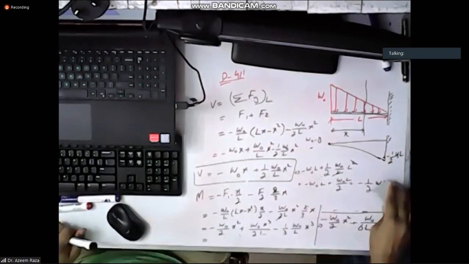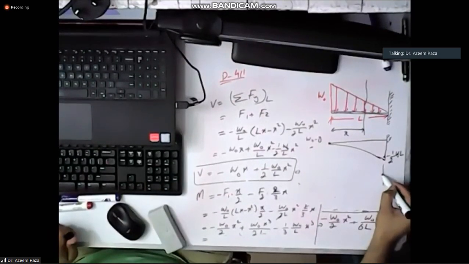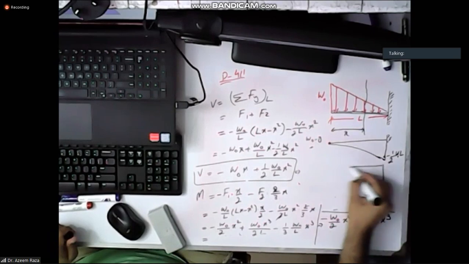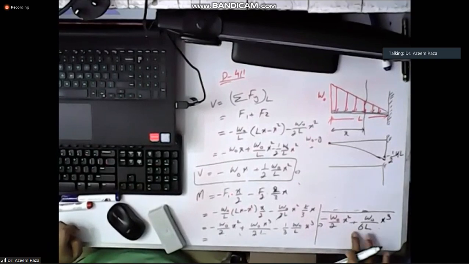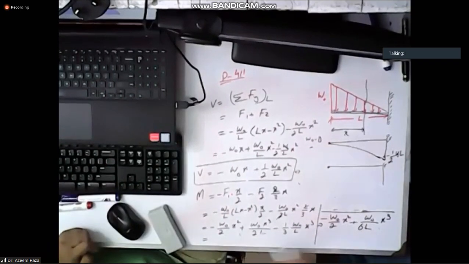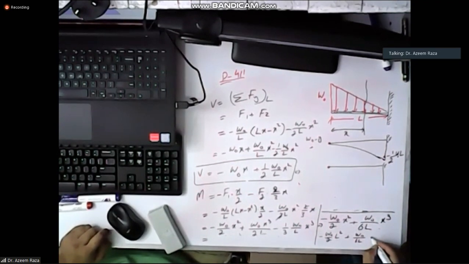Yes, similarly here for the bending moment diagram, putting x equal to 0 here, both have x, so there will be 0, so I know I'm starting at 0. When I put x equal to L, this will become minus W naught over 2 L square plus W naught over 6L L cube. This will be cancelled with 2. So I have minus W naught L square over 2 plus W naught over 6 L square.